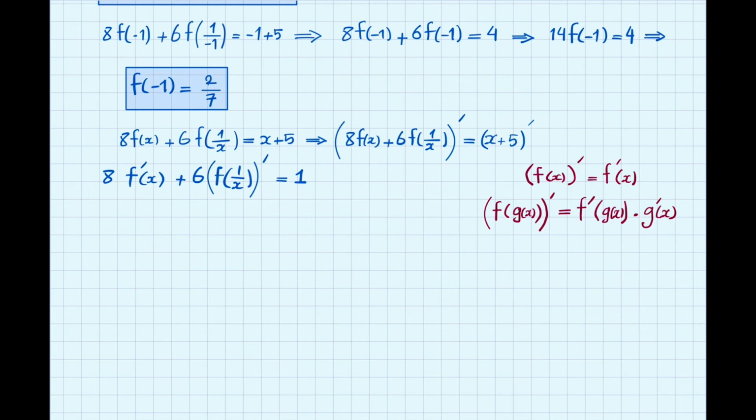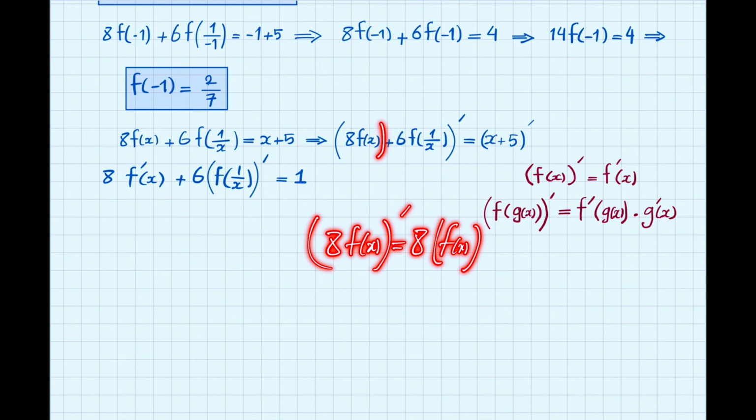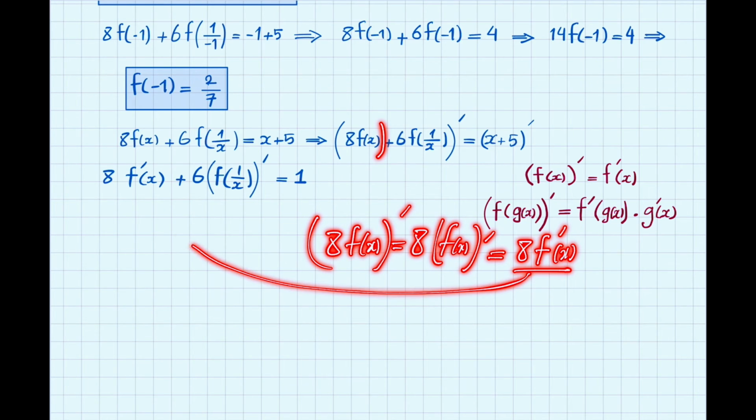Okay? So this is why when I take the derivative, in principle, I should take the derivative of the whole expression. 8 is a constant, it goes out. Then I have to write f of x totally prime. But then there is no difference between f of x totally prime or f prime of x. So this is why I wrote 8 f prime of x.